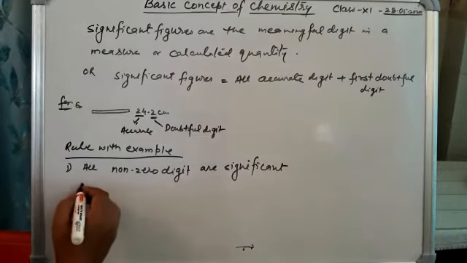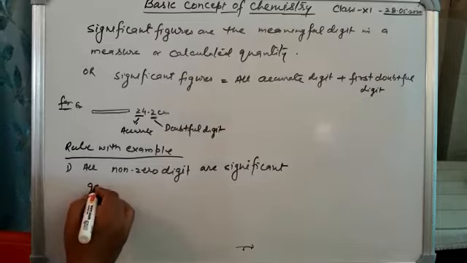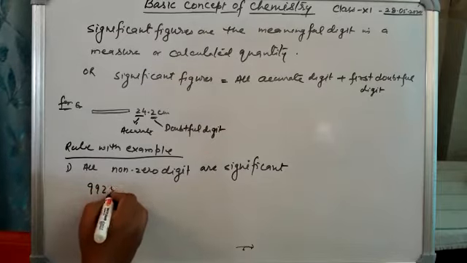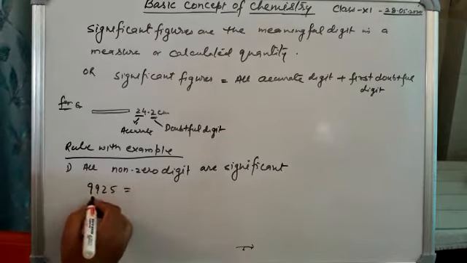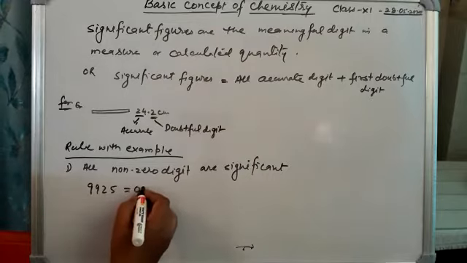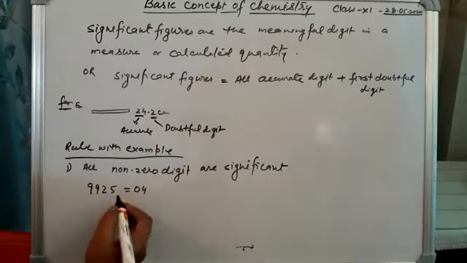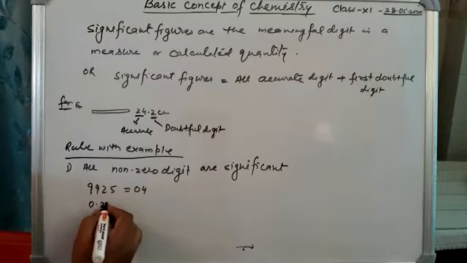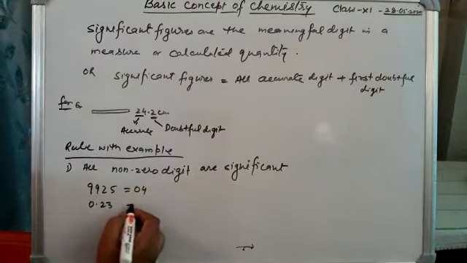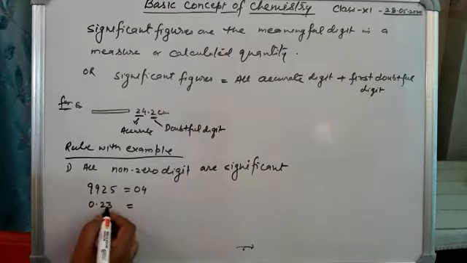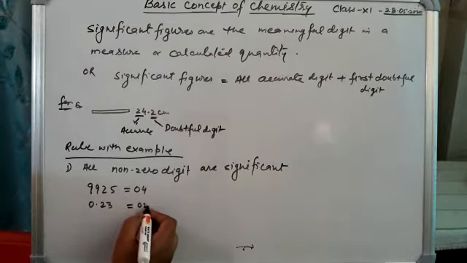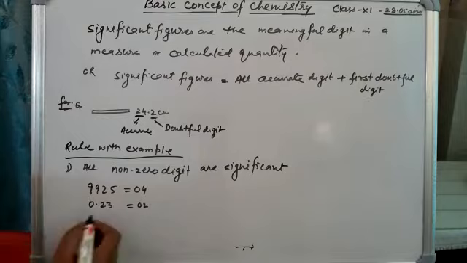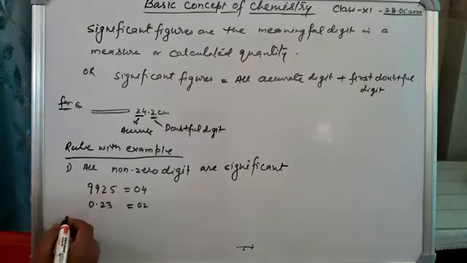For example, if we write 9925, how many significant figures? 1, 2, 3, 4, because all are non-zero digits. If we write 0.23, how many significant figures? Only 2.